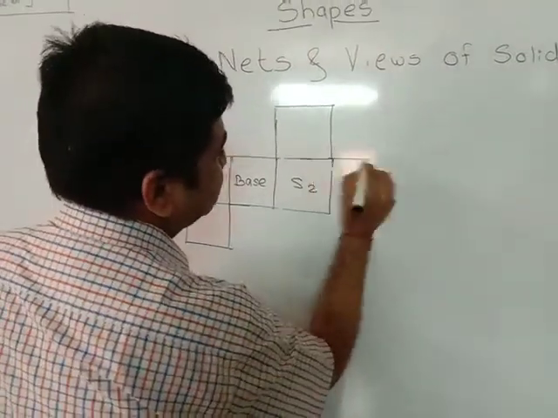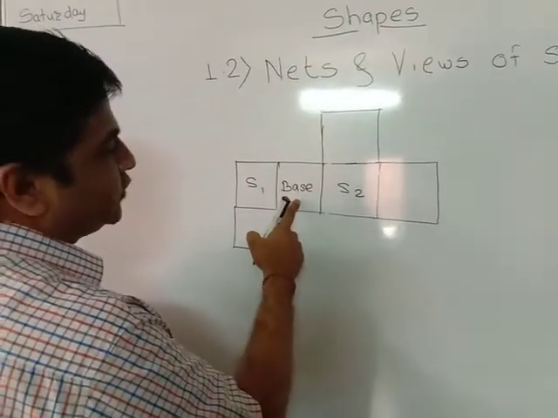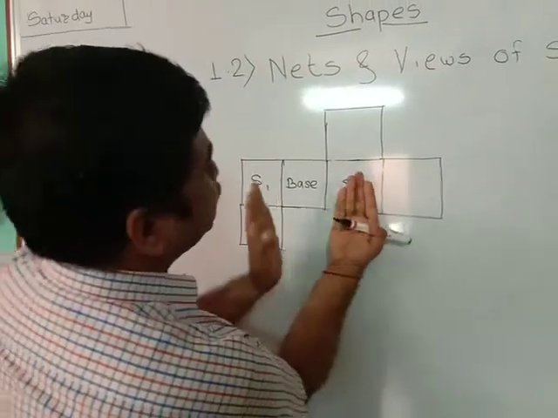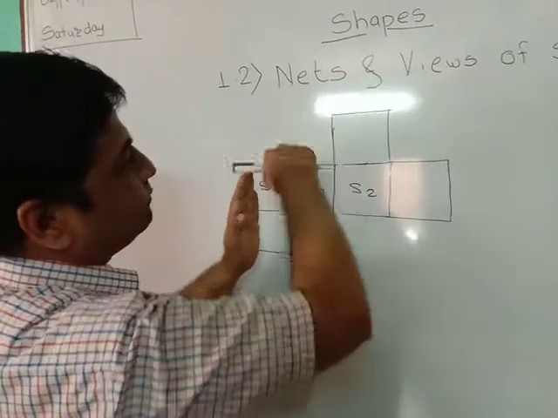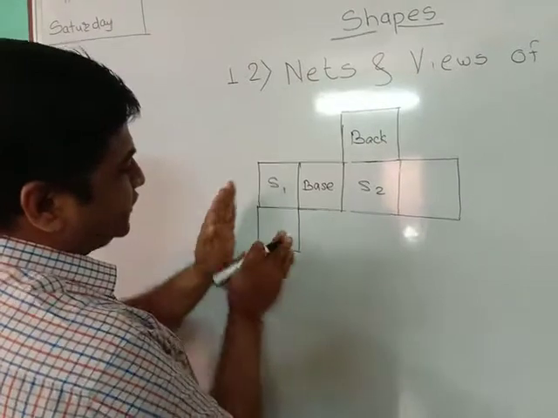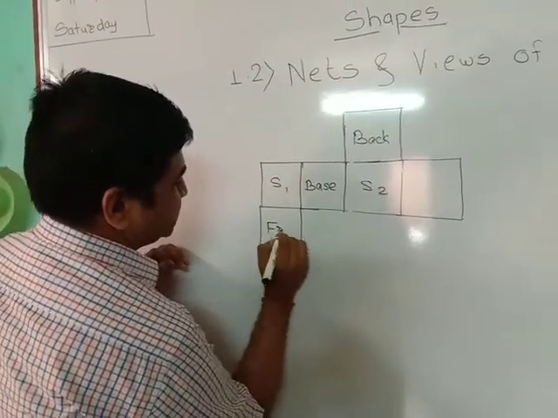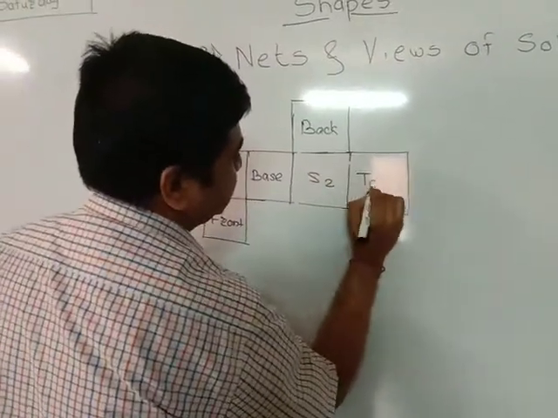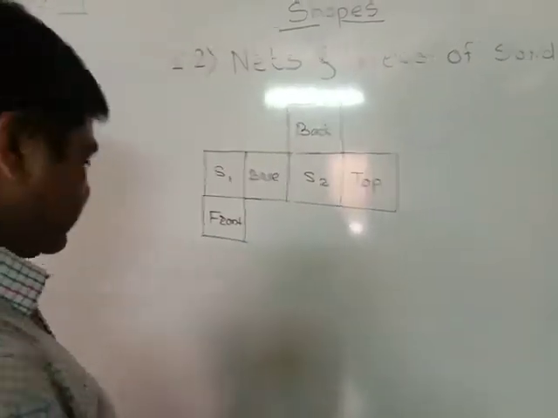Let's try to put a square overhead. Now this will form the base, side 1 which will be folded like this, side 2 folded like this. This will form a back. Now, if I fold like this, this will form a front face. And now this will definitely cover the cube and this will form a top. So this is a possible net of a cube.